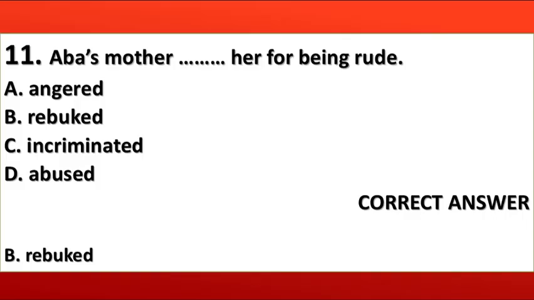B. Abel's mother rebuked her for being rude. C. Abel's mother incriminated her for being rude. D. Abel's mother abused her for being rude. The correct answer to this question is B. Abel's mother rebuked her for being rude.